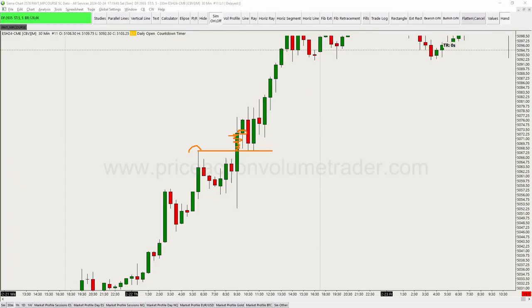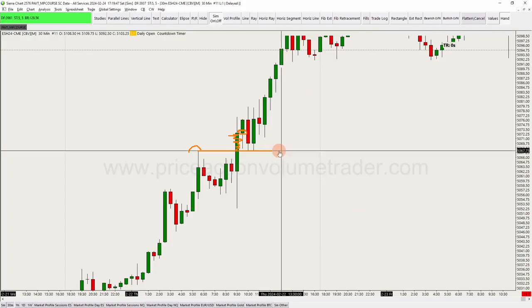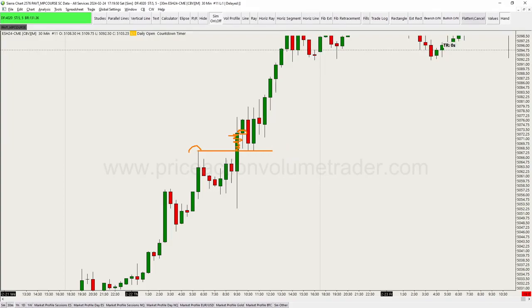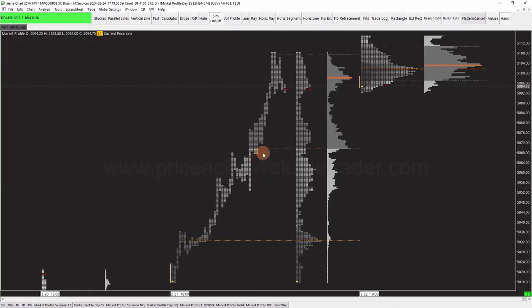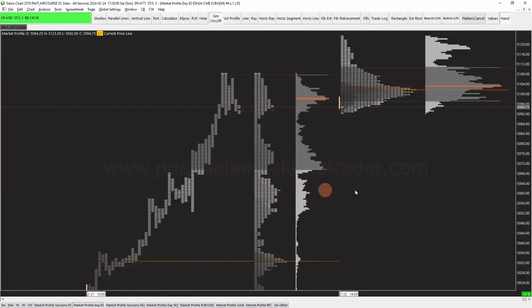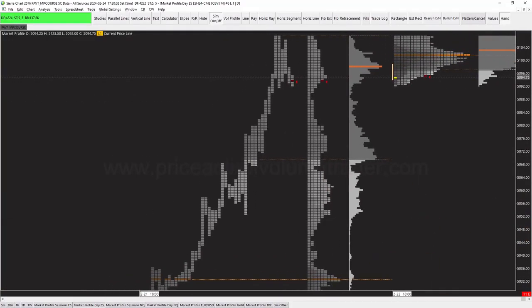Okay, so if we look at this price, 50, 67, 75, and go into a profile, it will be right over here. So that movement, we had that high, and the market took off.